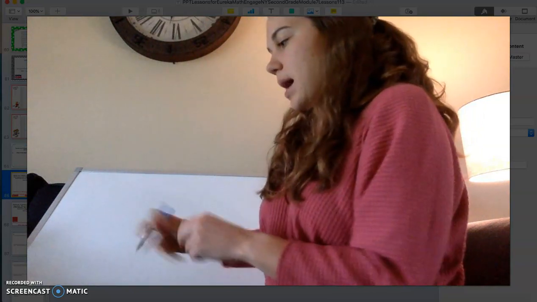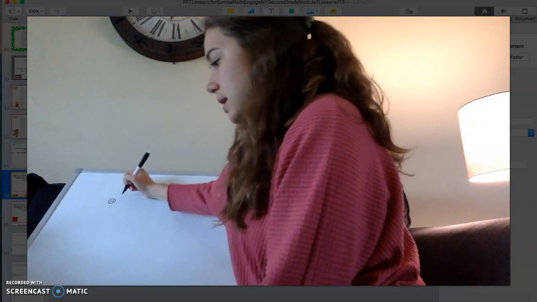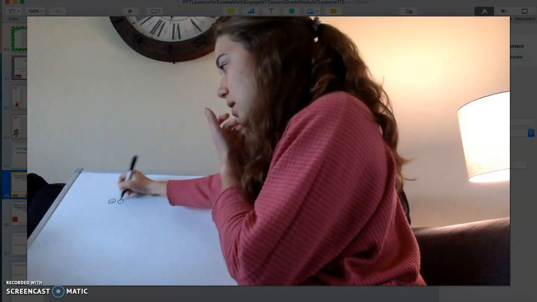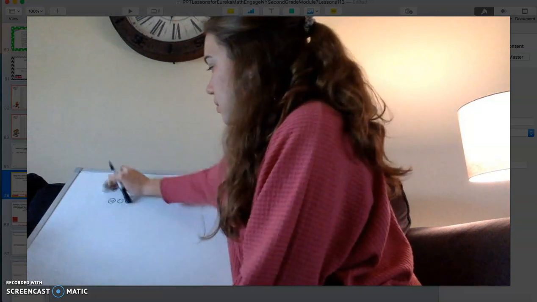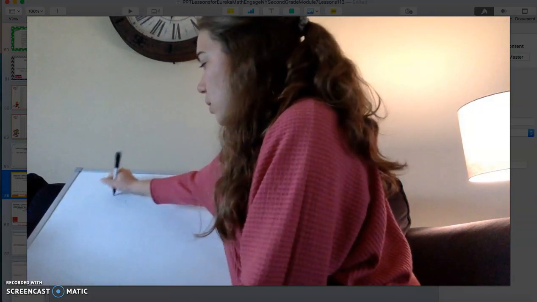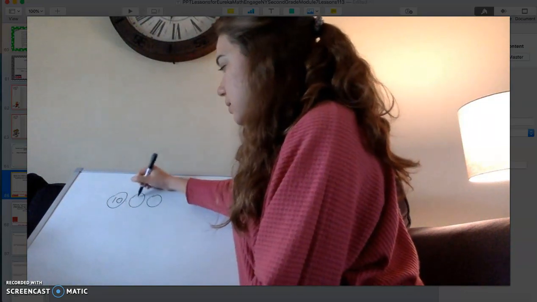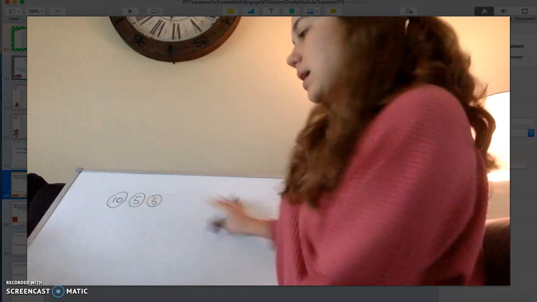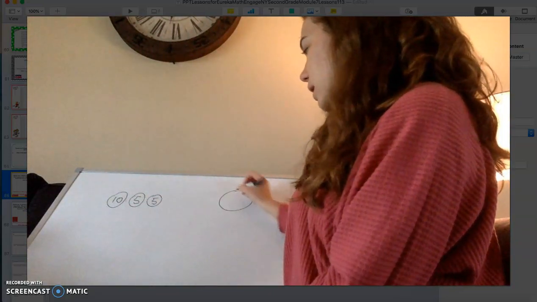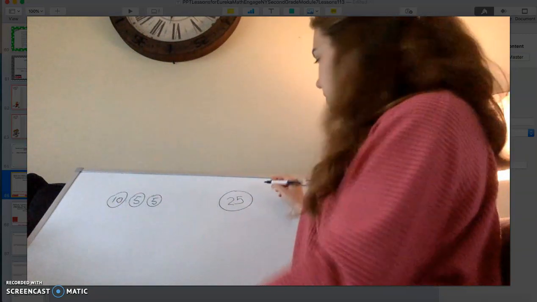So in this pocket, he had 1 dime, which is 10 cents, and 2 nickels. And that's in this pocket. In this pocket, he had 1 quarter and 7 pennies.